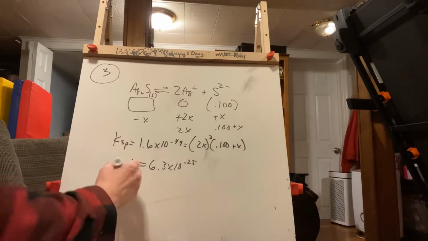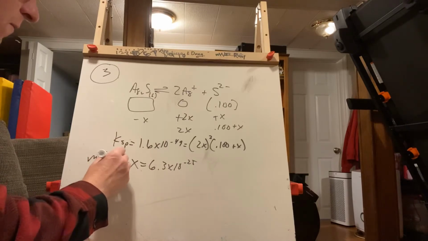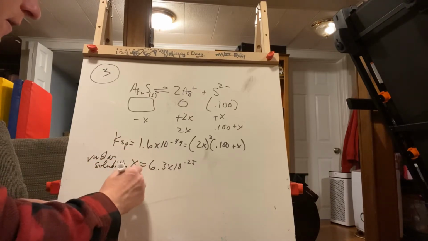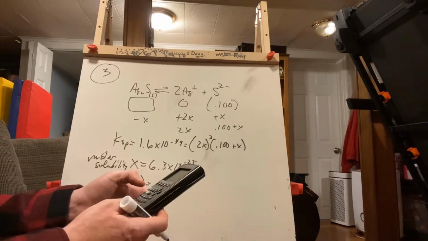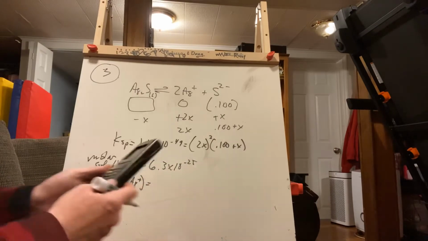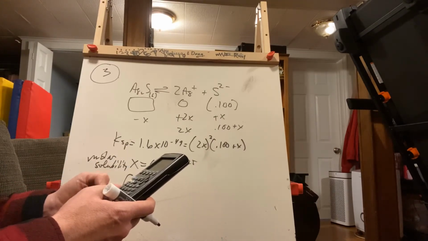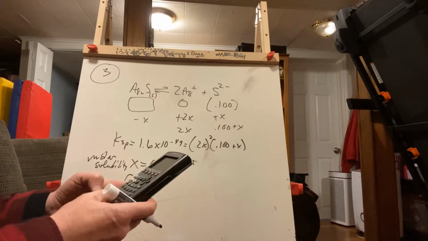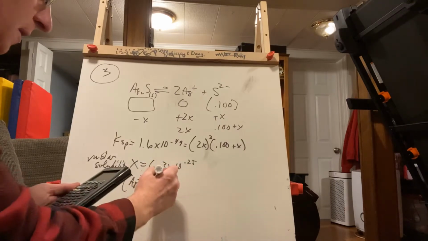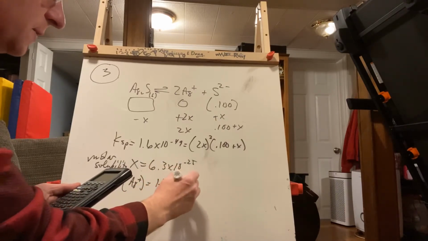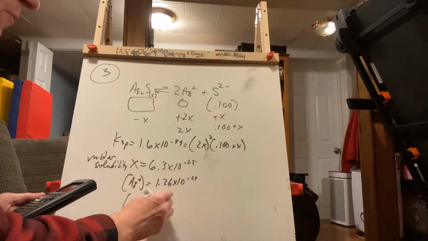Ag+ is equal to that number, 6.32456 times 10 to the negative 25th times 2. And that gets me 1.26 times 10 to the negative 24th. And then S2- is 0.1.